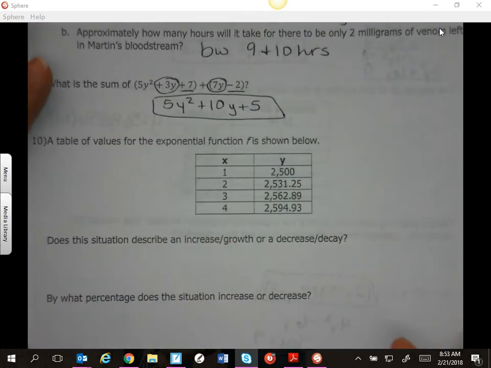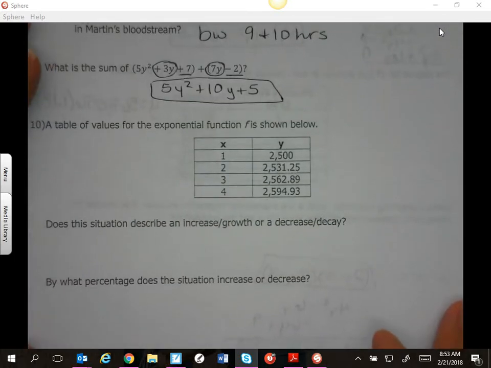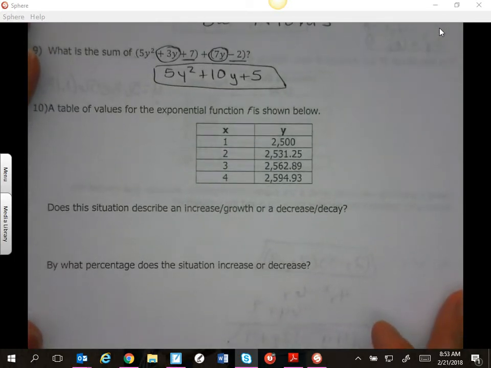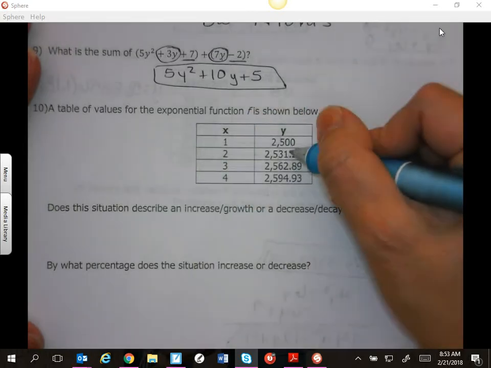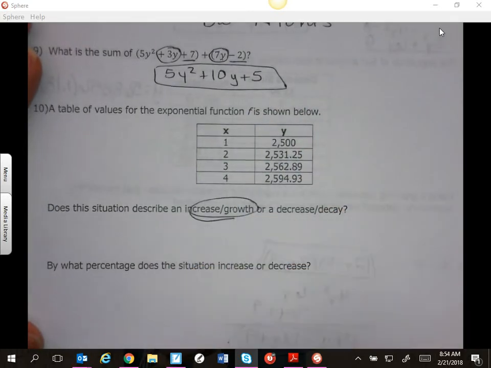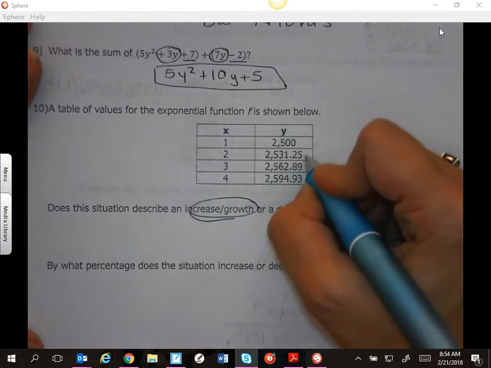Describe this as an increase or growth, or a decrease or decay. Well, obviously these are going up and so are these, so this is an increase, a growth. And by what percentage? This is where you need to make your ratios.